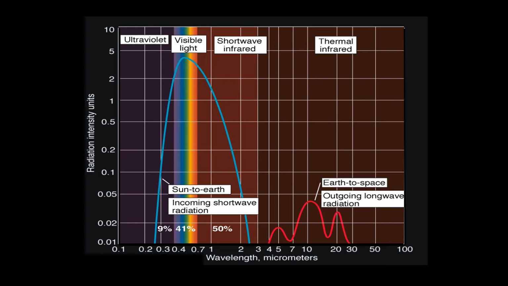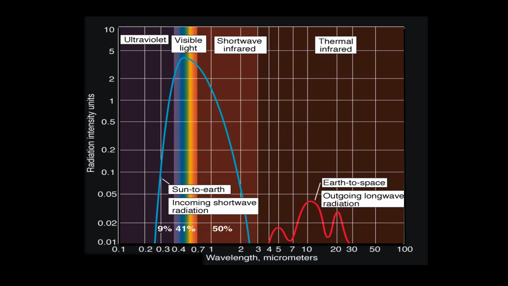This visible light portion of the electromagnetic radiation coming from the sun is about 47% of the total, give or take. Ultraviolet radiation is another shortwave radiation that we receive from the sun.